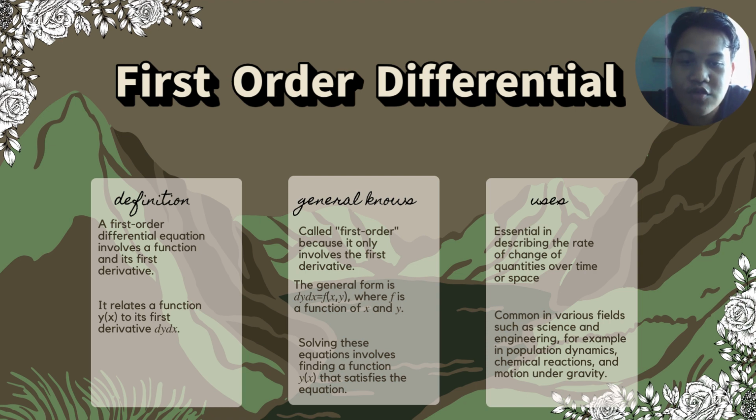Solving this equation involves finding a function y(x) that satisfies the equation. The first order differential equation is essential in describing the rate of change of quantities over time or space. It is commonly used in various fields such as science and engineering, for example, in population dynamics, chemical reactions, and motion under gravity.